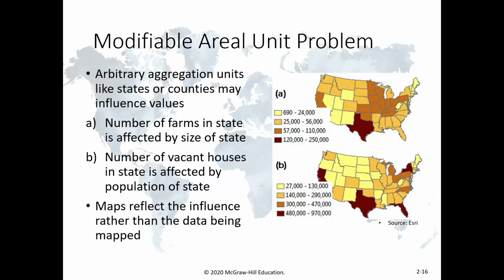When discussing the modifiable area unit problem, we have to take into account that data is often measured over larger areas. When the data becomes aggregated or combined, it may impact how we view that data.